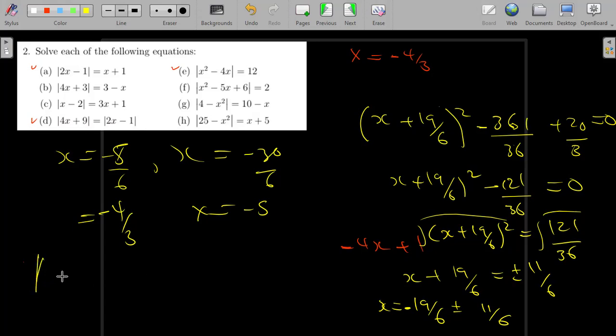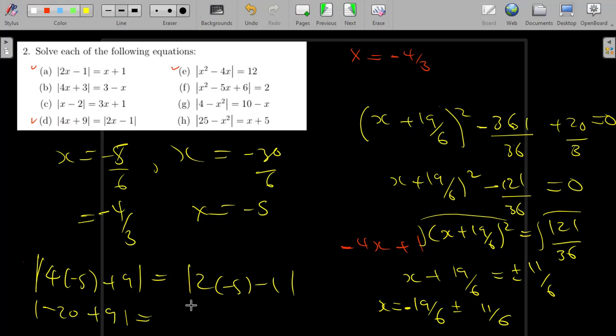So this will be modulus, where there's x, I put negative 5, then plus 9, equal to 2 times negative 5, minus 1. This gives me negative 20 plus 9 in modulus, equal to negative 10 minus 1. This here, what does it give me?